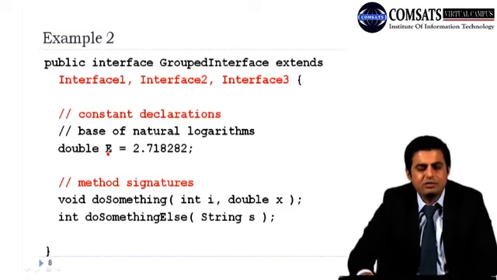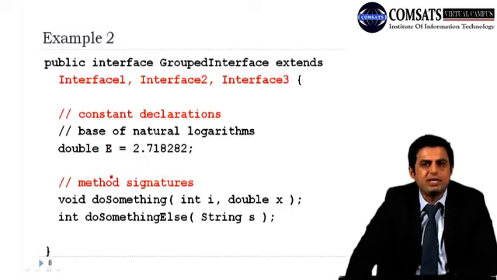So this is similar to that kind of example. You have got E, and E has got a particular value. Now this E can be used in the implementing classes, or it can also be used in the child interfaces. If this interface is acting as a child, then it can only give this particular value to its implementing classes only.